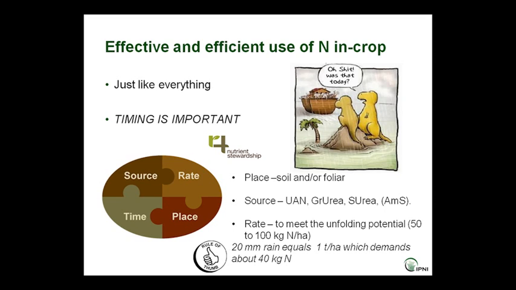And think about this rule of thumb: 20 millimetres of rain is a tonne, which gives about 40 kilograms of nitrogen demand. So that's the way the season will unroll, and that's the way the yield demand, the nitrogen demand will unfold.